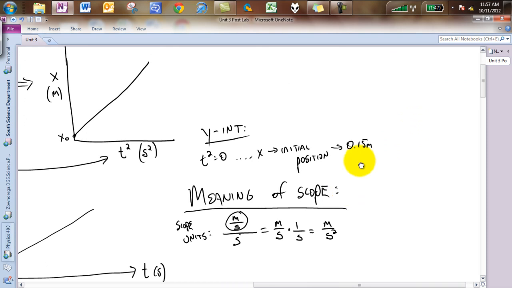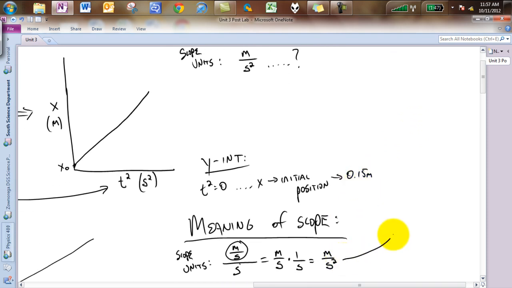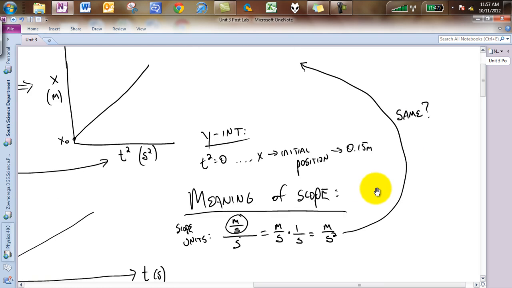So right now, if I'm a good physics student, I've made a connection. Say, are these the same? We're going to keep that on the back of our brains for a moment, but those might be the same. We're going to think about that later.